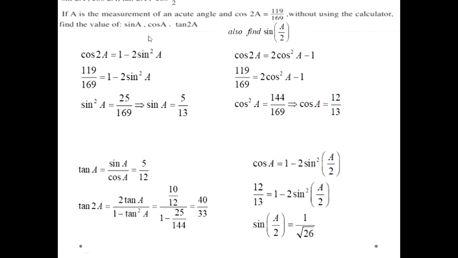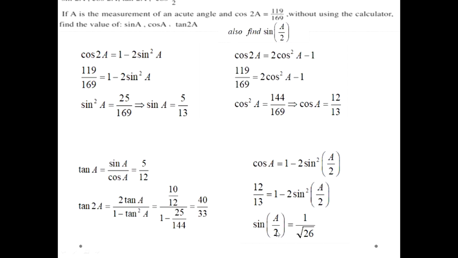So I will just write this formula again, but with a little modification: cosine A equals 1 minus 2 sine square A over 2. And of course, cosine A equals what? We found it before. 12 over 13 equals 1 minus 2 sine square A over 2.